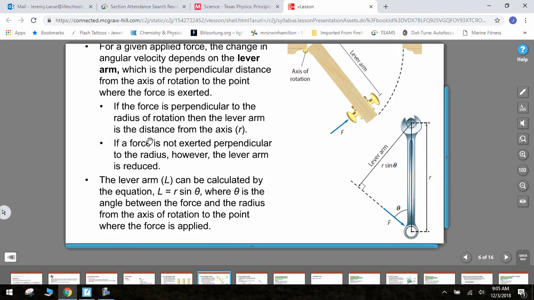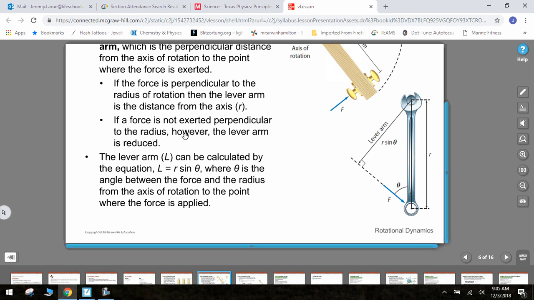If a force is not exerted perpendicular to the radius, however, the lever arm is reduced. So I can't always push on the outside of my wrench. It gets to a certain angle, and then I'm going to be pushing at it at an angle. Y'all see how the force here is at an angle? Make sense?